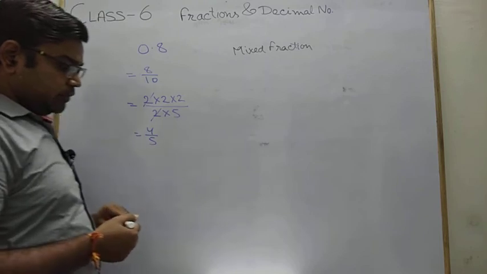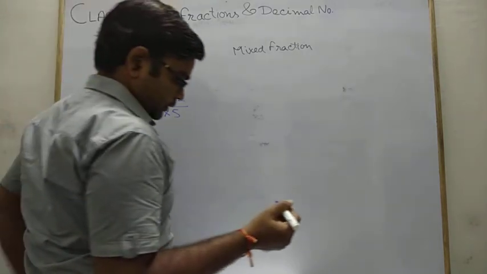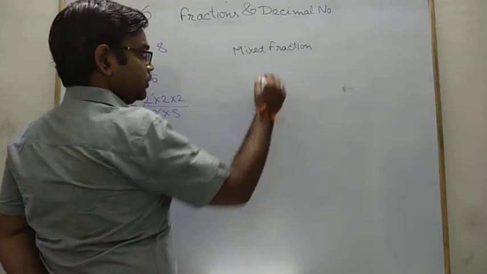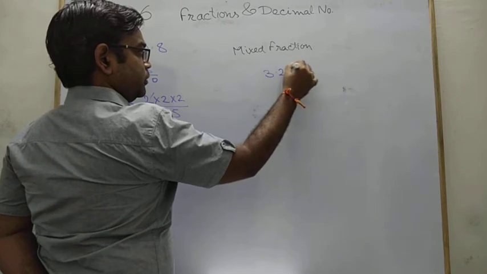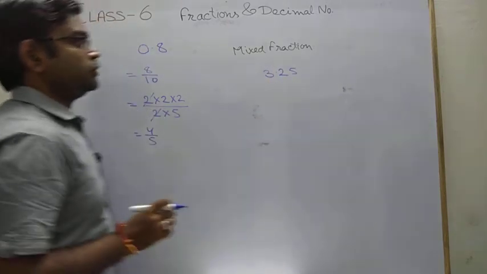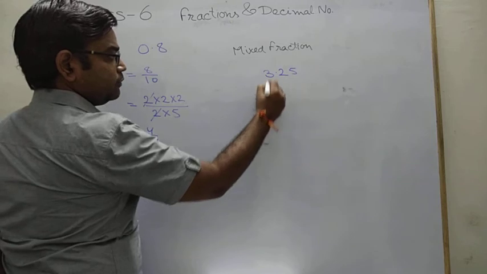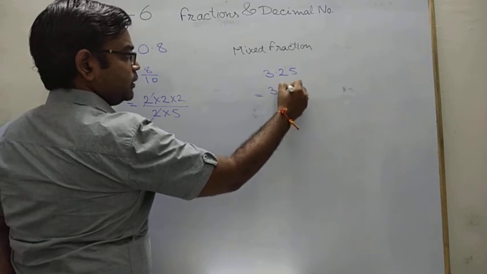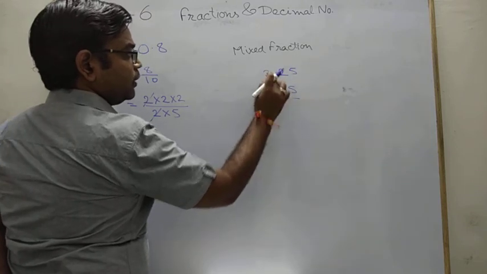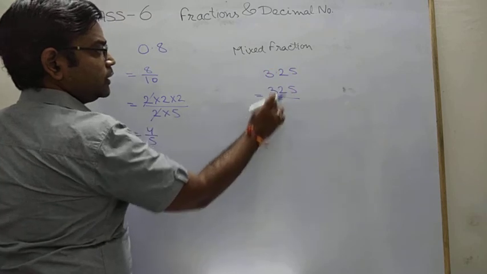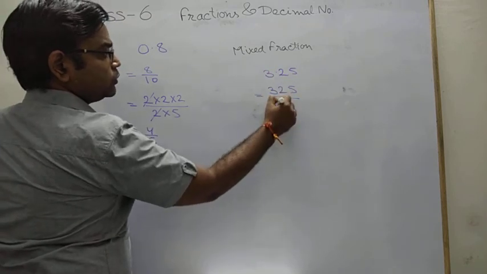Let's check, I'm using the number 3.25. The question says convert this into a mixed fraction. So before that, first convert into a decimal fraction: 325, for the decimal 1 is there. After the decimal, how many digits? 2. So this one has 2 zeros.